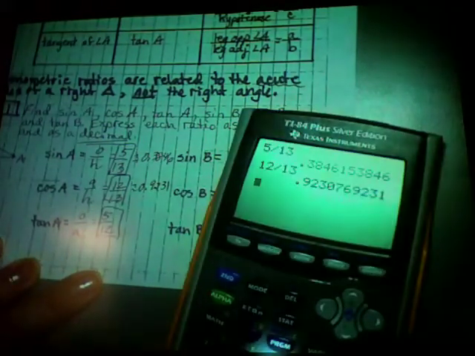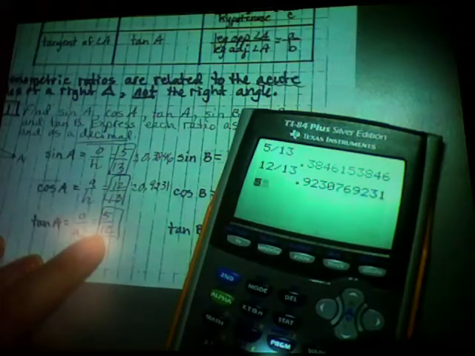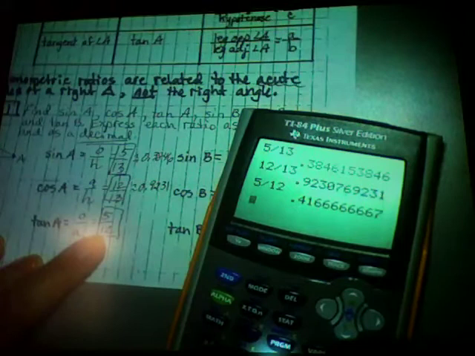And then 5/12 is 4167. Why did I use squiggly equal signs? Because I'm rounding.